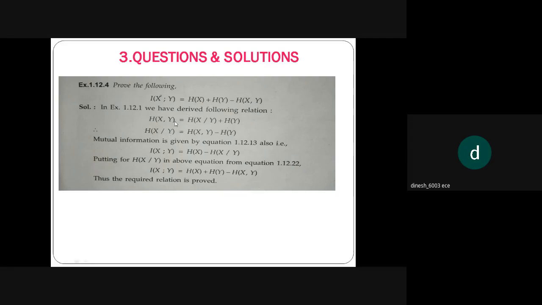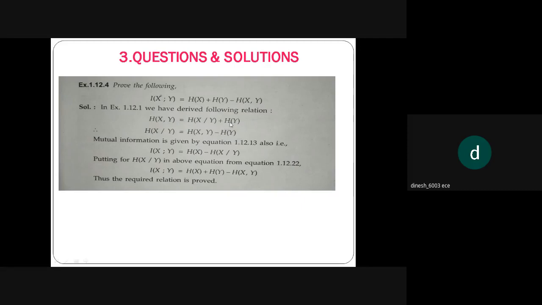Already we had seen H of X comma Y is always H of X by Y plus H of Y, and from this we can find H of X by Y. Bring this to that side, interchange, and we will get H of X comma Y minus H of Y. The simple thing is that we are interchanging its positions.